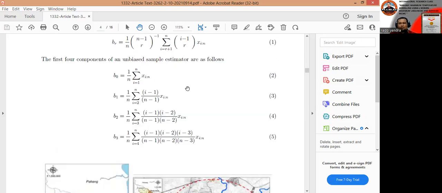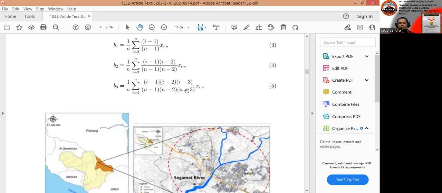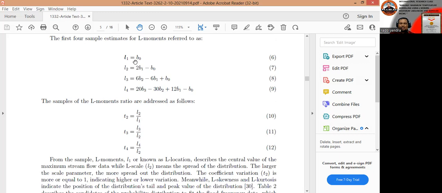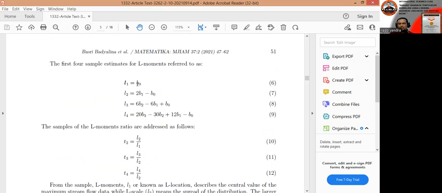After we understand the four equations, we can come to equation 6 until equation 9. Equations 6 until 9 are the first four sample estimators for the L-moments. We can find here L1, L2, L3, then L4. For example, L1 in equation 6 uses the formula B0.